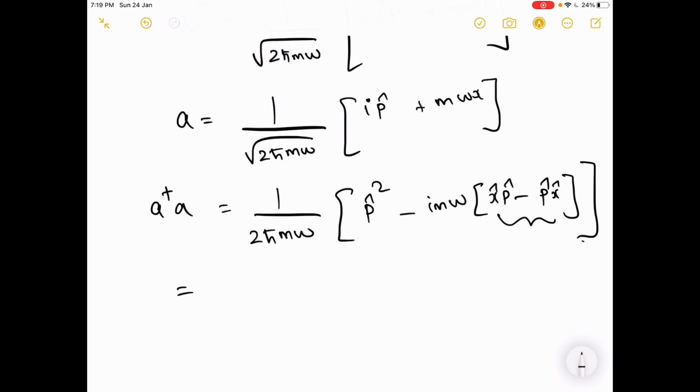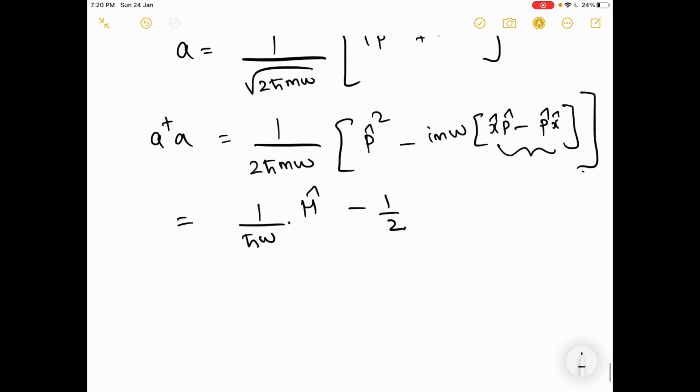If I substitute that, I get 1 by h cross omega times the Hamiltonian minus 1 by 2. If I rearrange, the Hamiltonian can simply be written as h cross omega times a dagger a plus 1 by 2.